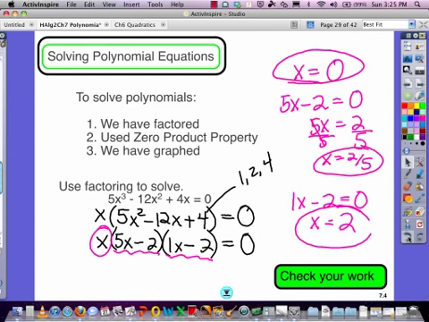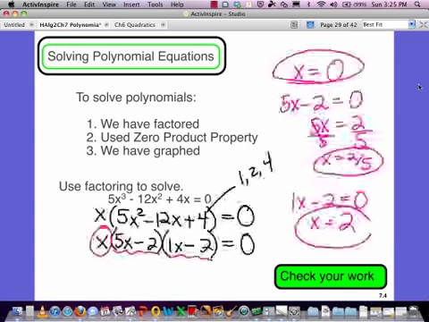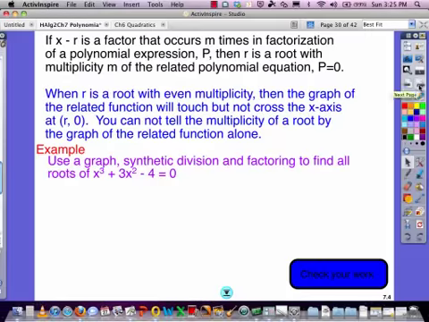And moving on. So we can solve with our factoring still. Now, if x minus r is a factor that occurs m times in the factorization, in other words, more than once, and it's going to occur in our polynomial.